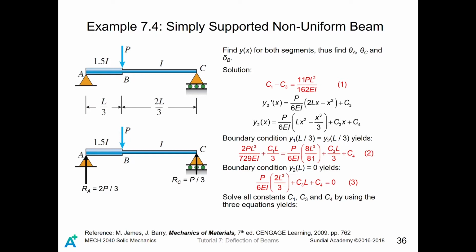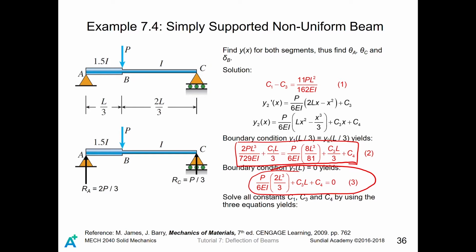Then we can write the equation like this, which is very complicated. You can substitute yourself later on. Also, by the boundary condition that there is no deflection at the end C, which means y2 at x equals L equals 0, you can write another equation.